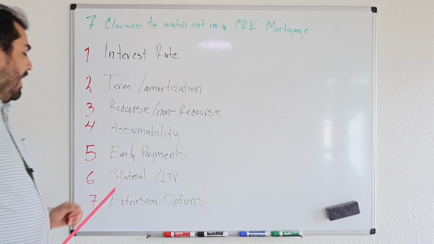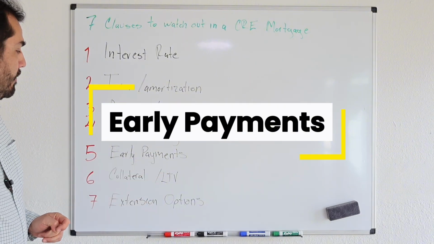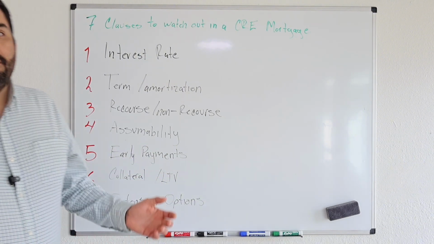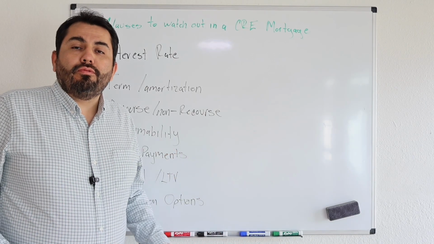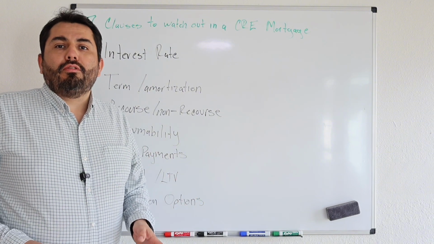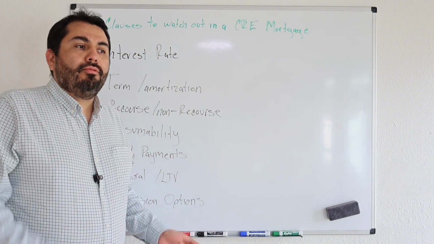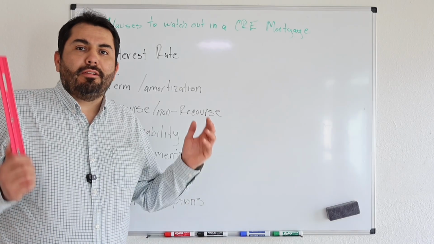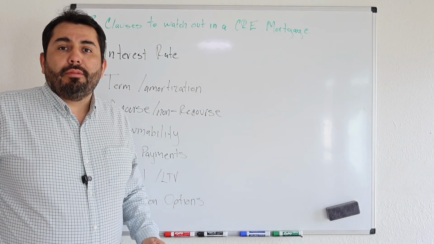Okay, so that is a good thing when you are shopping for commercial real estate loans. The 5th point is the early payments. Usually not all commercial loans let you make early payments, as is the case with residential loans. If you have a house, let's say you win the lottery and you can pay down all the mortgage.